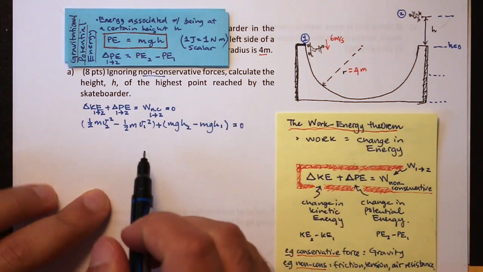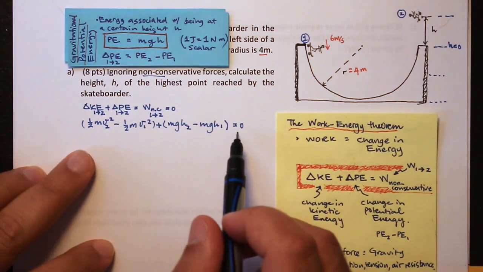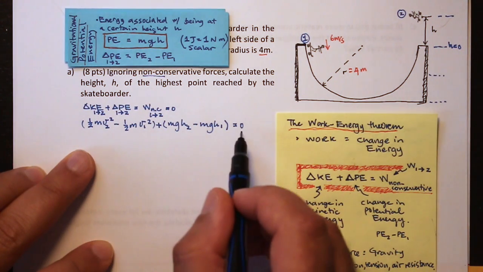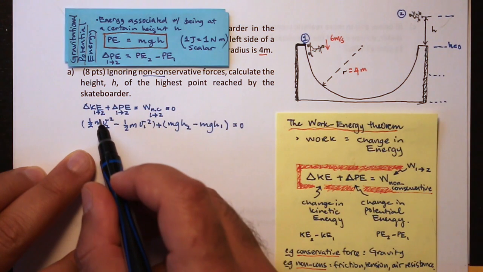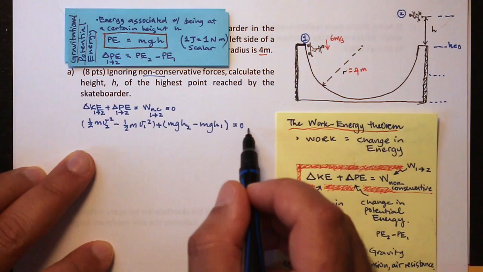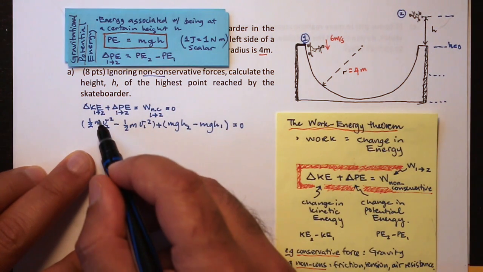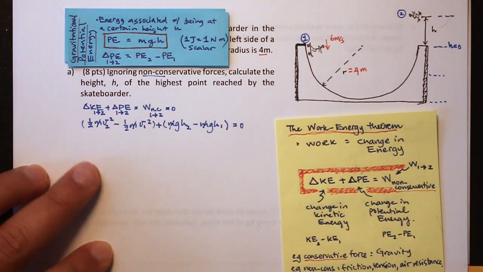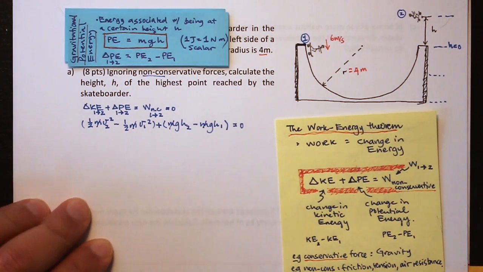And there's a nice thing here: if it's equal to 0, I can right away divide both sides by m, and therefore m would drop out of the equation, because 0 divided by m is still 0, and m by m is equal to 1.